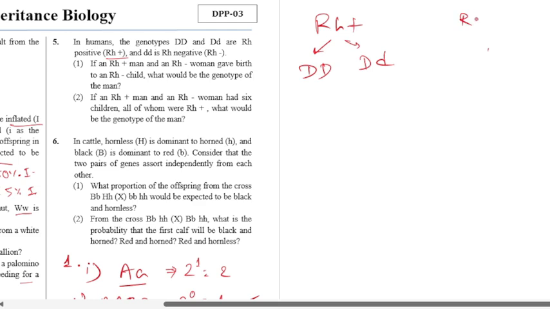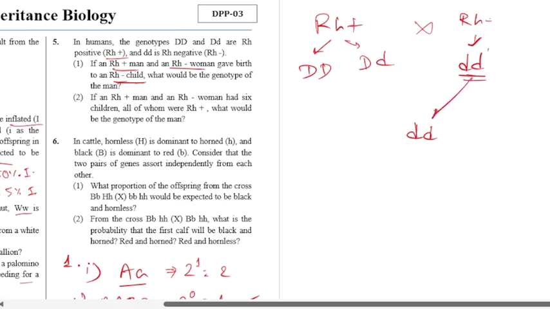And if it is Rh negative, that will be only small d small d. An Rh positive man marries an Rh negative woman, and the child is Rh negative.